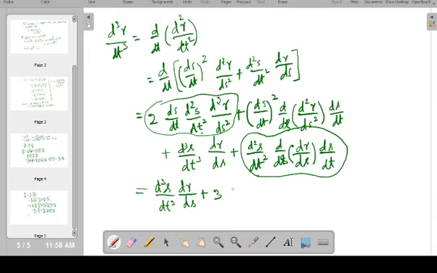d square s by dt square into ds by dt into d square gamma by ds square, plus, finally I am left with this.